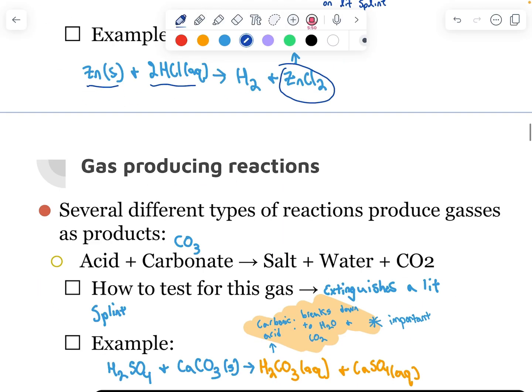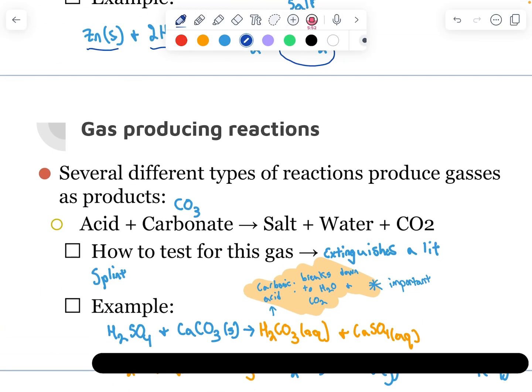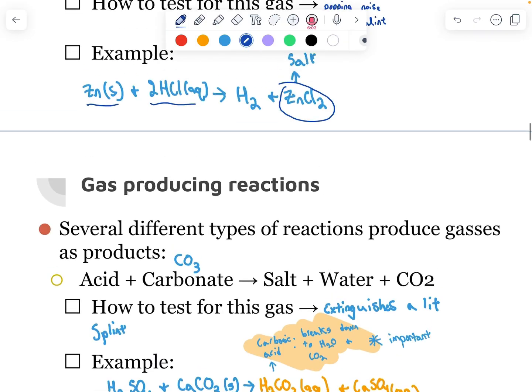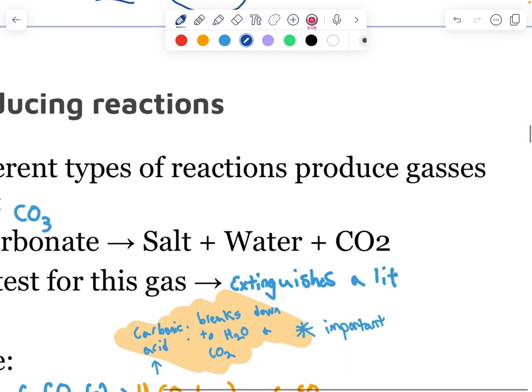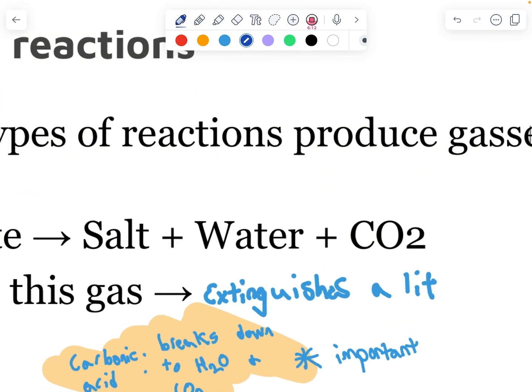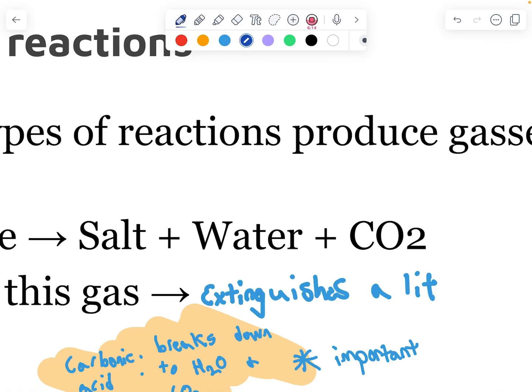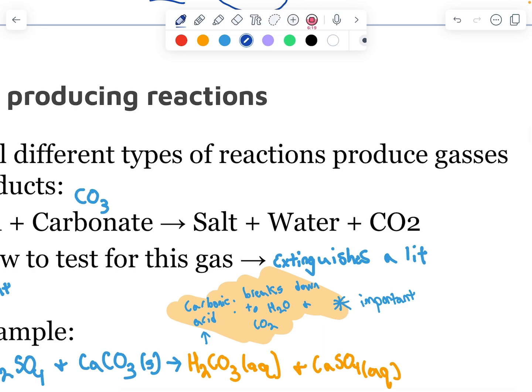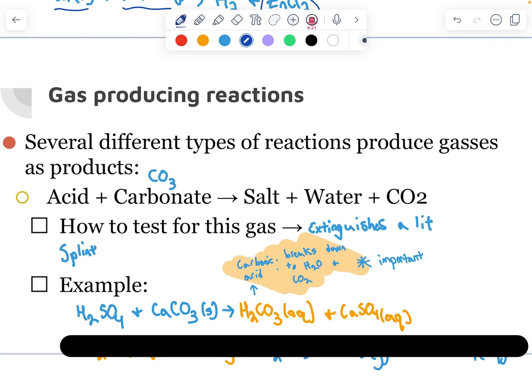If we have a carbonate, so CO3, sodium bicarbonate is baking soda. If we have an acid and carbonate, we'll get a salt like we saw before. And instead of just getting one gaseous product here, we're actually going to get water and CO2. Essentially, this is going to be one product at first, carbonic acid, and it's going to break into two products, and we'll look at that in an example.